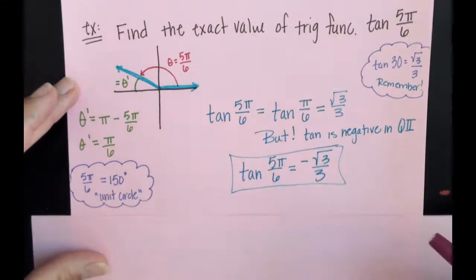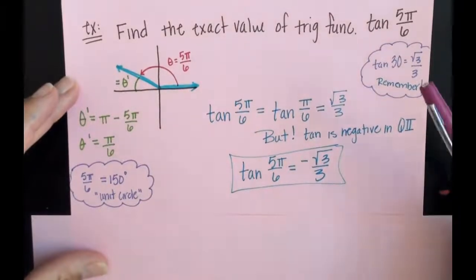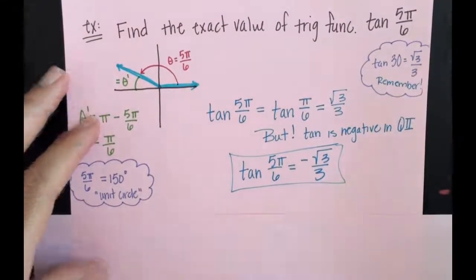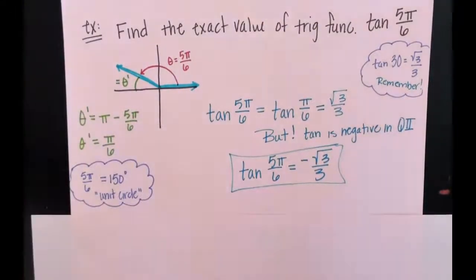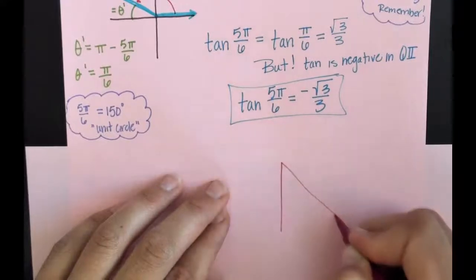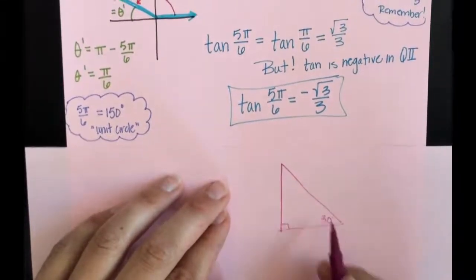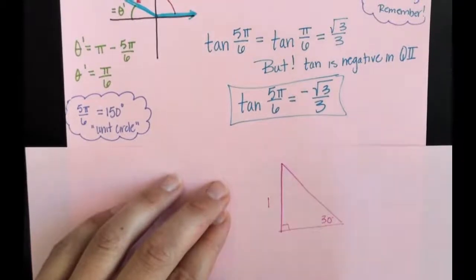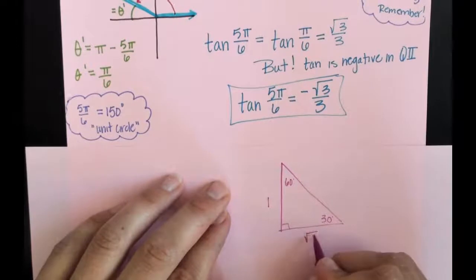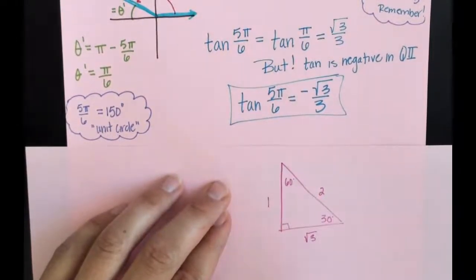So 30 degrees on my unit circle, we could tell that it was, or writing out your special rights. And again, if we're not sure, just draw your special rights. No matter where you put your 30 degrees, remember, opposite the 30 is 1 of something, opposite your 60 is radical 3 times something, and opposite the 90 is 2 times something.